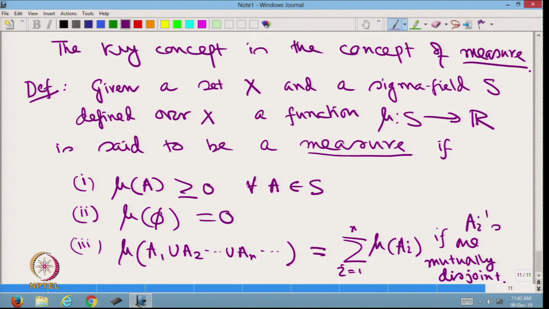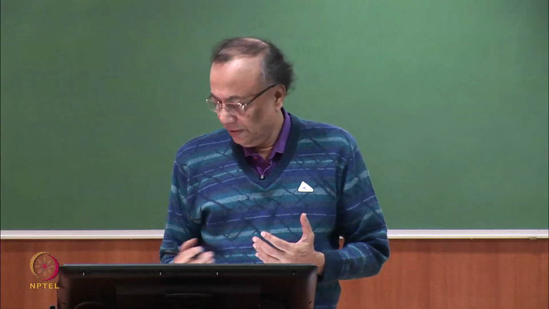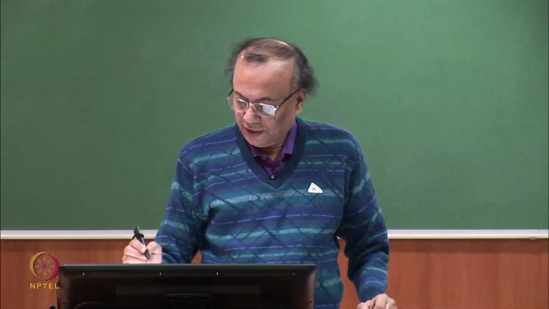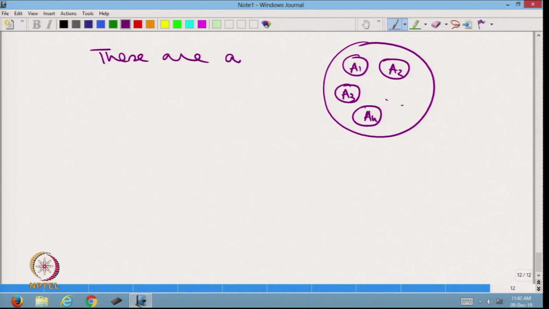That is, any two Ai's we take have no intersection. For example, if this is my A, this is my A1, this is my A2, this is my A3, this is my A4, like that, we can see that these are all disjoint subsets of X.